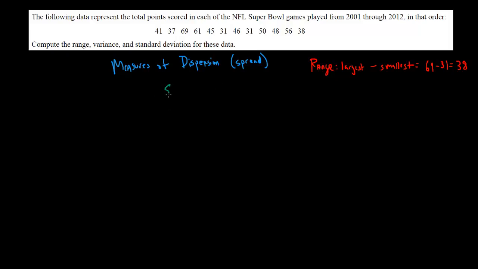Standard deviation. Okay? This is the most common measure of spread, measure of dispersion. And we're going to be using this in pretty much every section from here to the end of class.